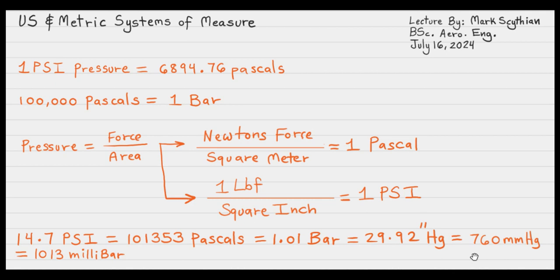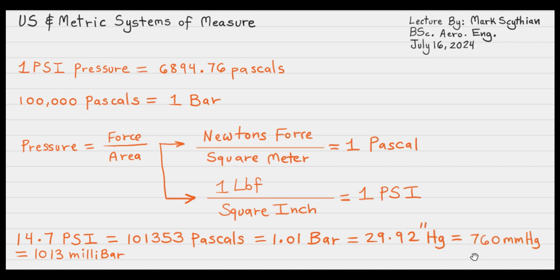So if you were curious what that was in psi, let's say you had a systolic upper number of 130 and a lower diastolic number of 70, you could just take the 130, divide it by 760, and then multiply it by 14.7, and you get the psi equivalent. And of course, you could do the same for the lower number, the diastolic.